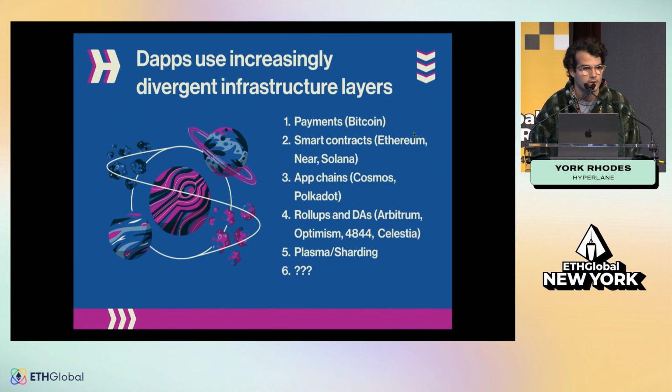So this is where we got things like Cosmos and Polkadot, where application developers wanted to be able to control things lower in the stack and not be beholden to Ethereum validators adopting their EIPs, that sort of thing.